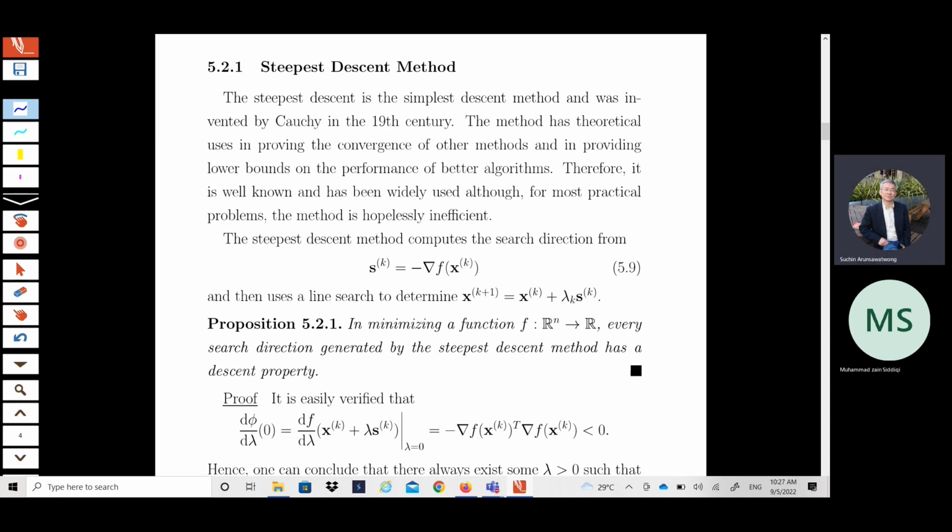For example, in machine learning, you may hear of the word gradient descent method. The gradient descent method is just a variation of steepest descent in which we fix the step size.